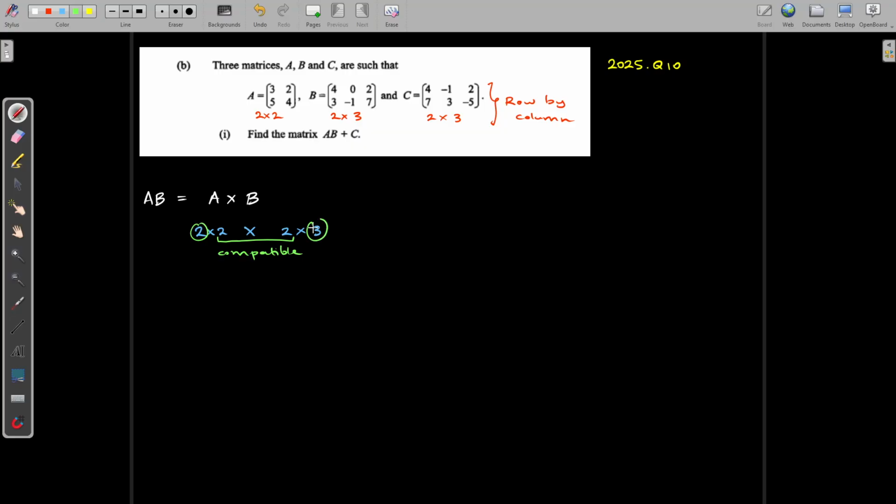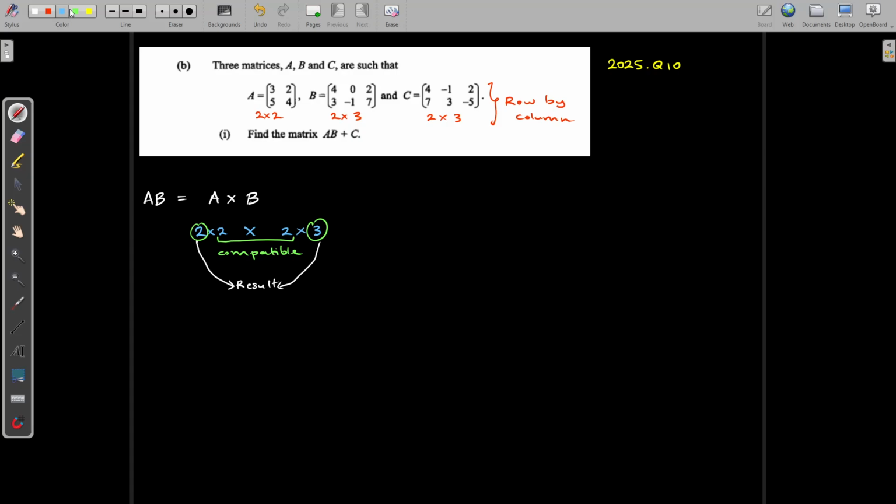What do the outer elements give us? The order of the answer, the result. So after we multiply, we should get a 2 by 3 matrix.